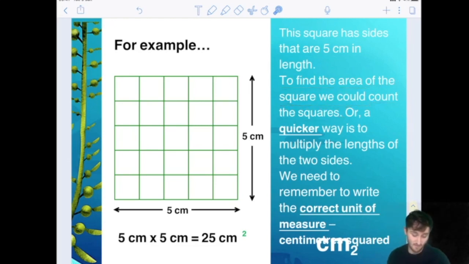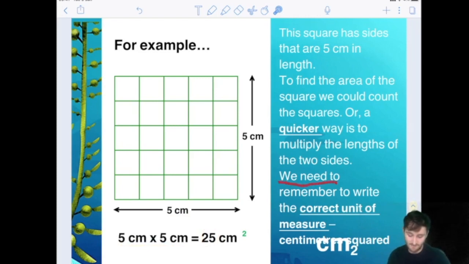So we could go 1, 2, 3, 4, 5, 6, 7, 8, 9, 10, and so on. Or a quicker way is to multiply the lengths of the 2 sides. So our 2 sides that have been given to us are 5 centimetres and 5 centimetres. So I could do my sum down here: 5 times 5 is 25.